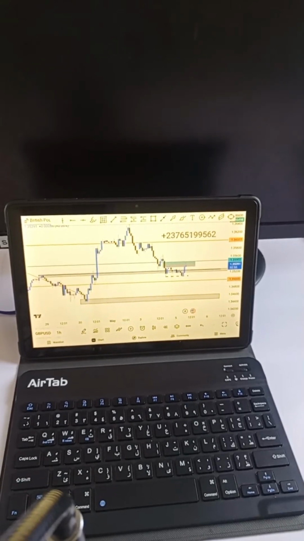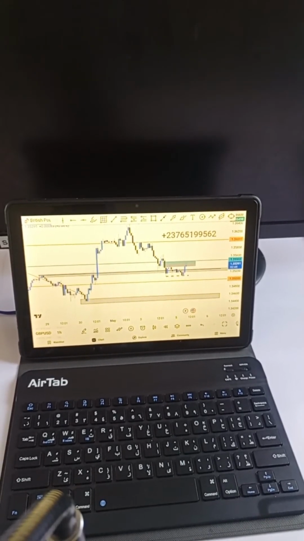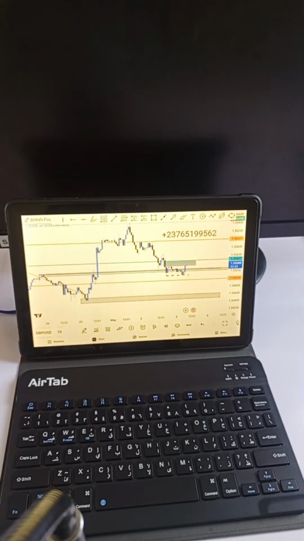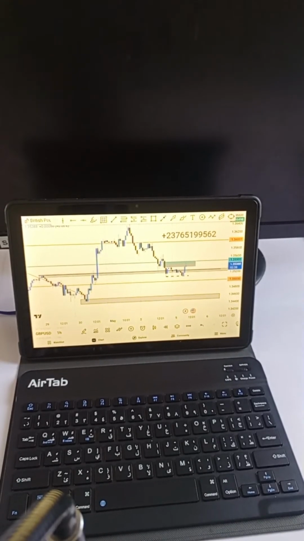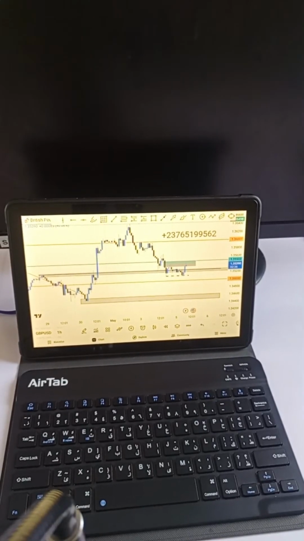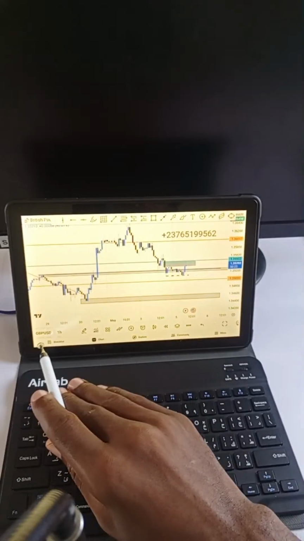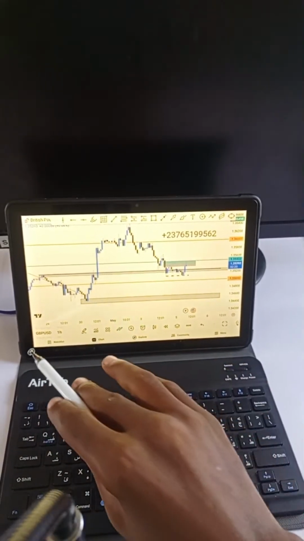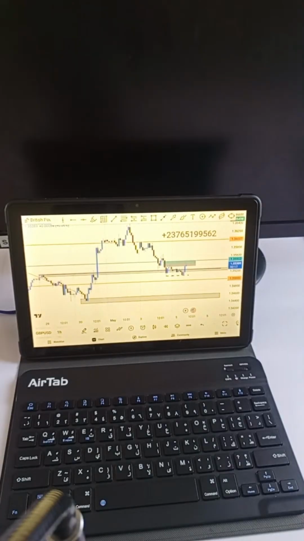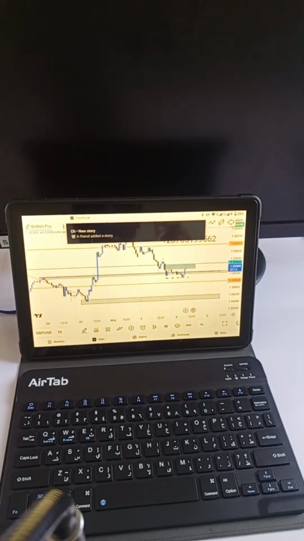Let's say the US economy is strong right now, everything is booming, and the British economy is a little unstable. Automatically, the pound has to drop. Since GBP is in front of USD, GBP is the base currency. I don't know if you studied the base currency and quote currency. If not, you need to.